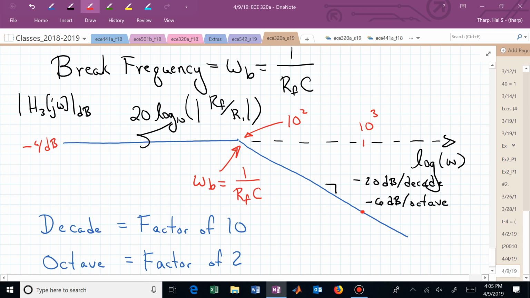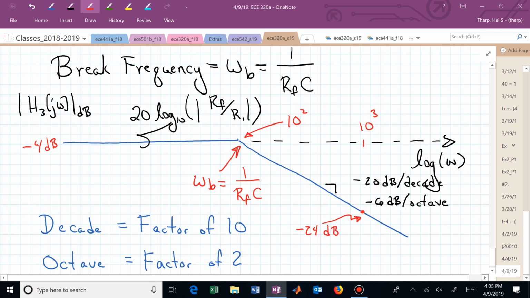What would this dot be magnitude-wise in our straight line approximation? What would its value be? It's a decade beyond 100, and we said we're dropping 20 dB for every decade. That particular dot would be at minus 24.